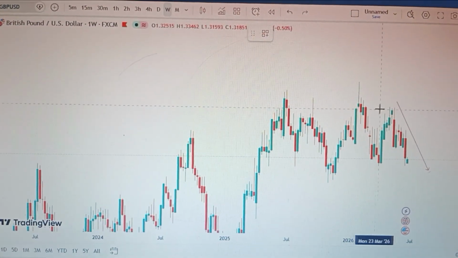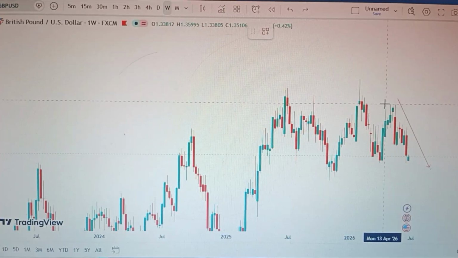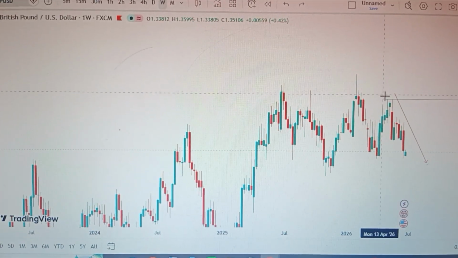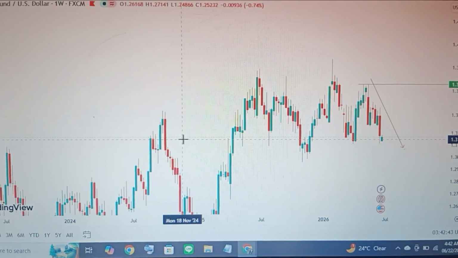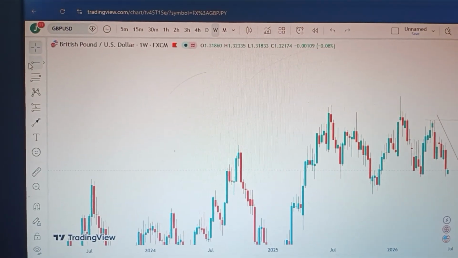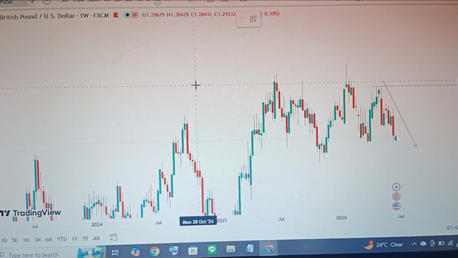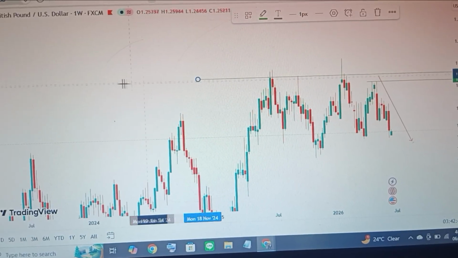Starting from this top here, I don't want to waste much time on this. Let's look at something that is consolidating.